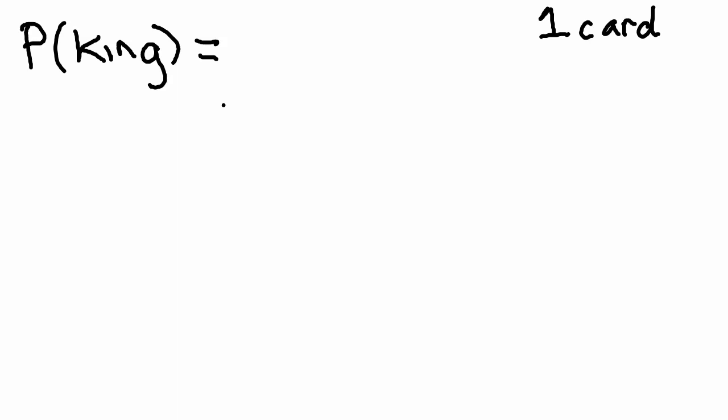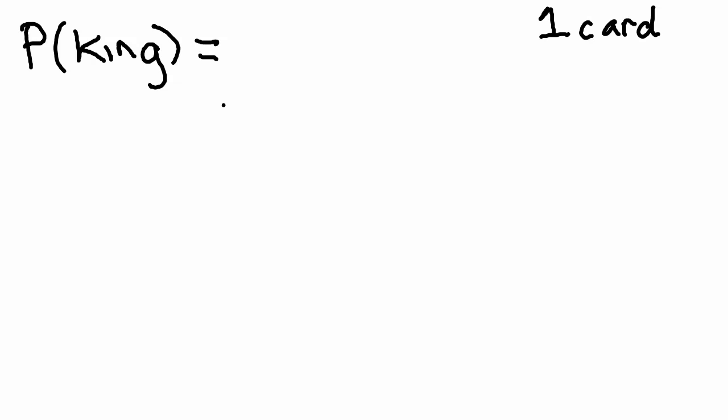Now, a lot of people think that, well, since you're only picking one card, it's going to be 1 out of 52. But the way you think about it is you always have to think that you get what you want. And you have to think about how many ways you can get what you want.